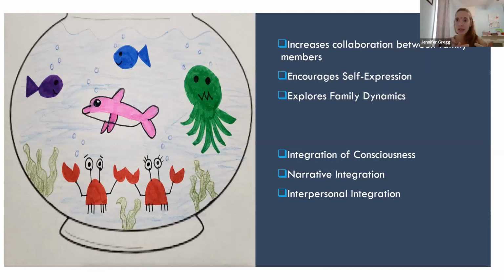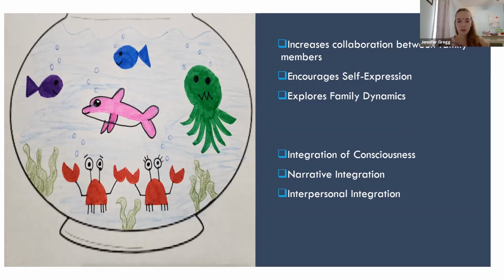This helps create a narrative in the individual world and then a cohesive world at a greater level of what the family dynamics are. You are now allowing that family to make sense of their world. And then it also allows for an interpersonal integration.